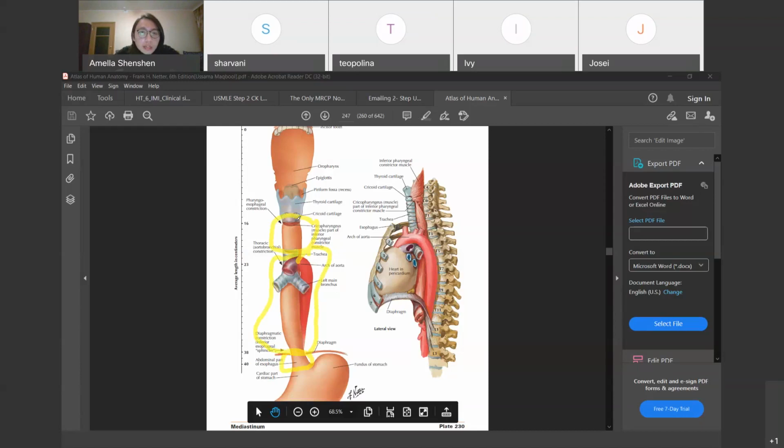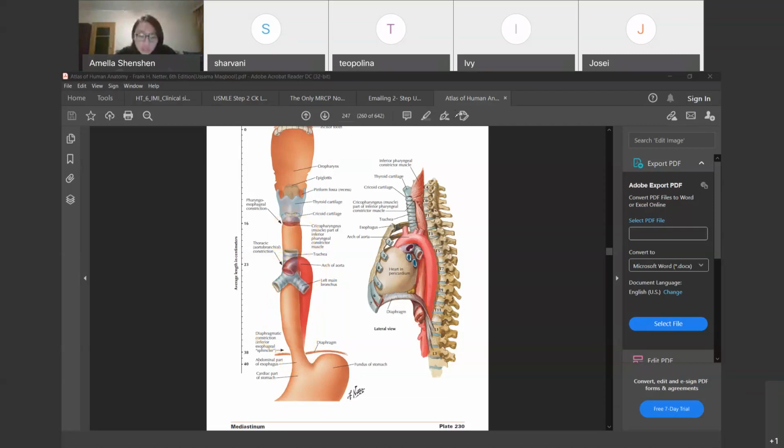The cervical part is approximately 5 centimeters. The thoracic part is about 18 centimeters, it's very long, and the abdominal part is approximately 4 centimeters.